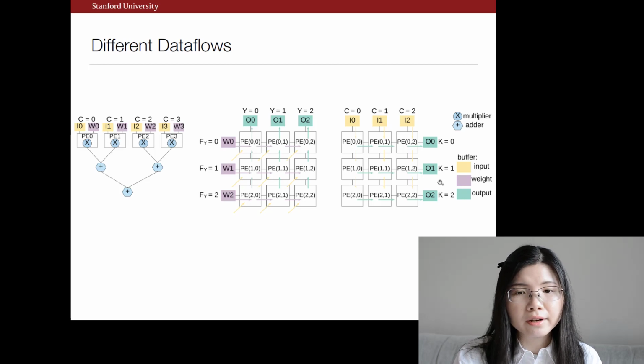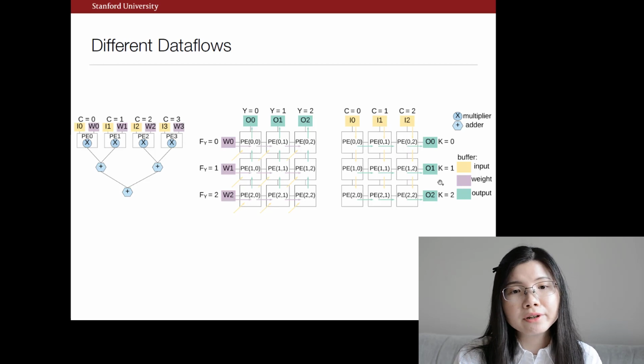This is also called weight stationary. Note here, our data flow terminology is slightly different from the one used in the Eyeriss paper. Our data flow only contains the choice about loop unrolls or loop parallelism, but in the Eyeriss data flow terminology, it contains both the loop unrolling and loop blocking choices.